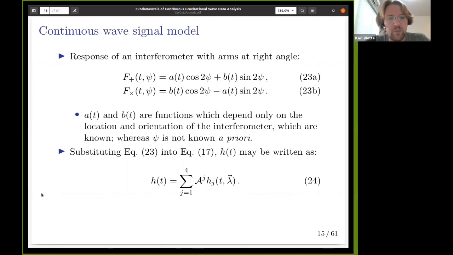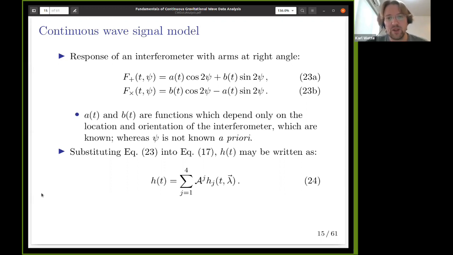So we have A and B being functions which depend just on the location and the orientation of the interferometer, which are all known. So A and B are known functions. Whereas the polarization psi is generally not a known parameter a priori, because we don't know the orientation of the source. So that's usually something we have to search over in some sense.